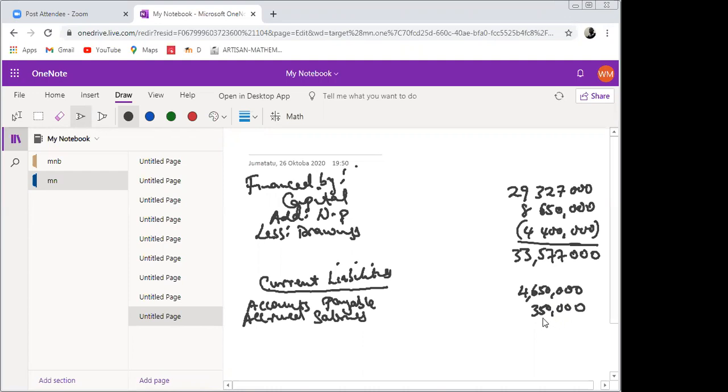Do we have anything else? I don't think so. Can you include this so that we can see whether it is having the same total?